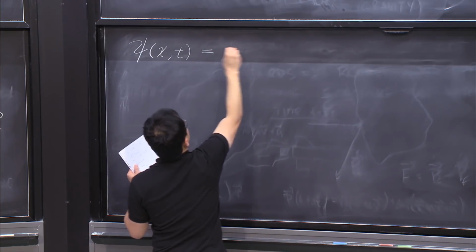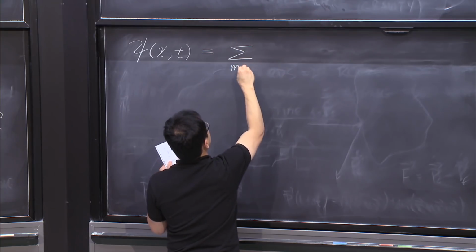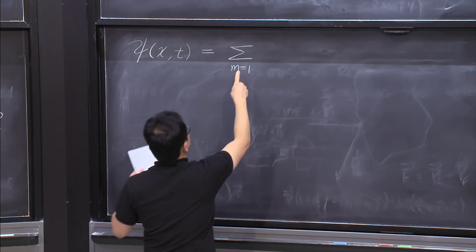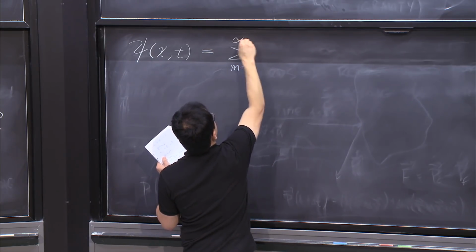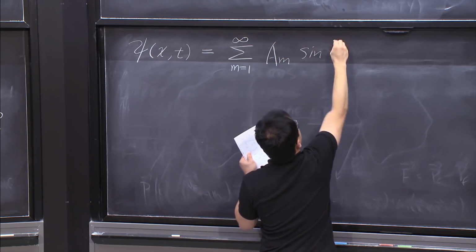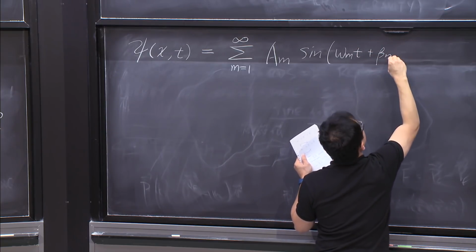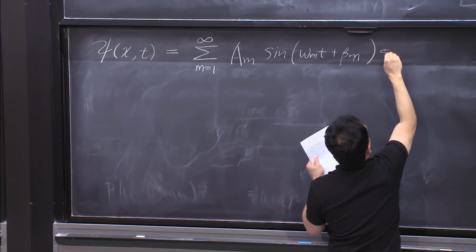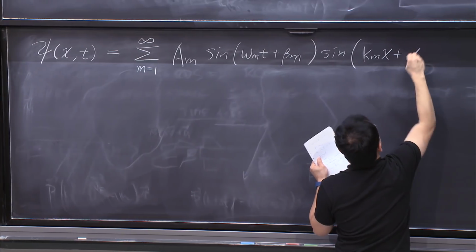It's going to be the sum of all the allowed normal modes. In this specific case, it's going to be a summation from m equal to 1 to infinity, of A_m sine(ω_m t + β_m) sine(k_m x + α_m).